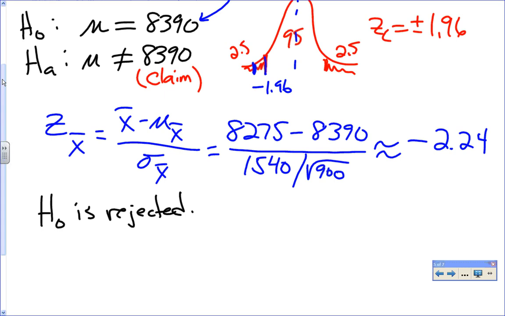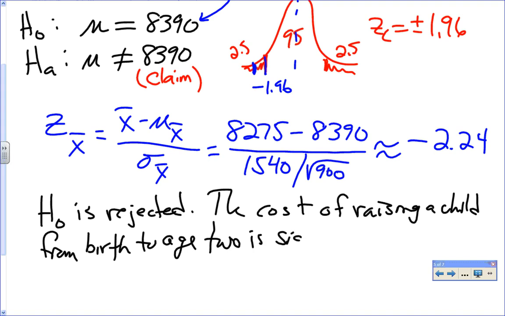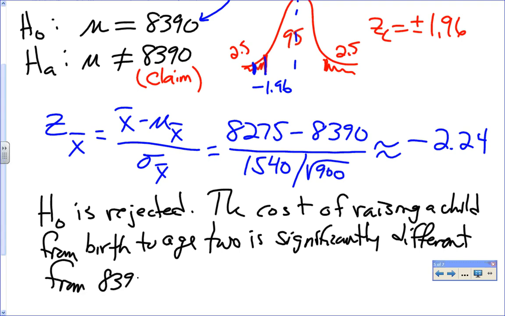Okay, so here's what I have written here: the cost of raising a child from birth to age 2 is significantly different from $8,390 at 5% level of significance.